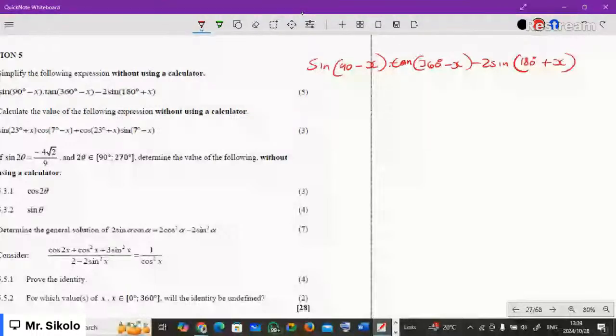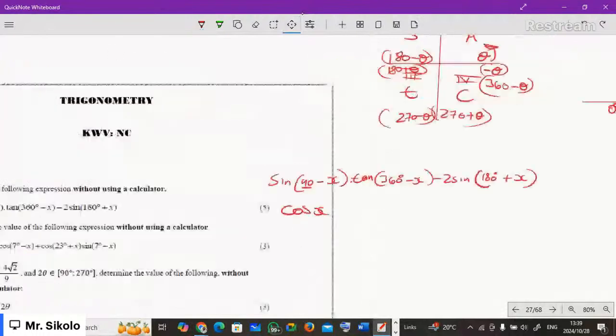Then sine of 90 minus x will become cos. So the answer here is going to be cos x. From here, we turn to 360 minus x, which is the fourth quadrant, and we know that in this quadrant only cos is positive, so tan is negative.